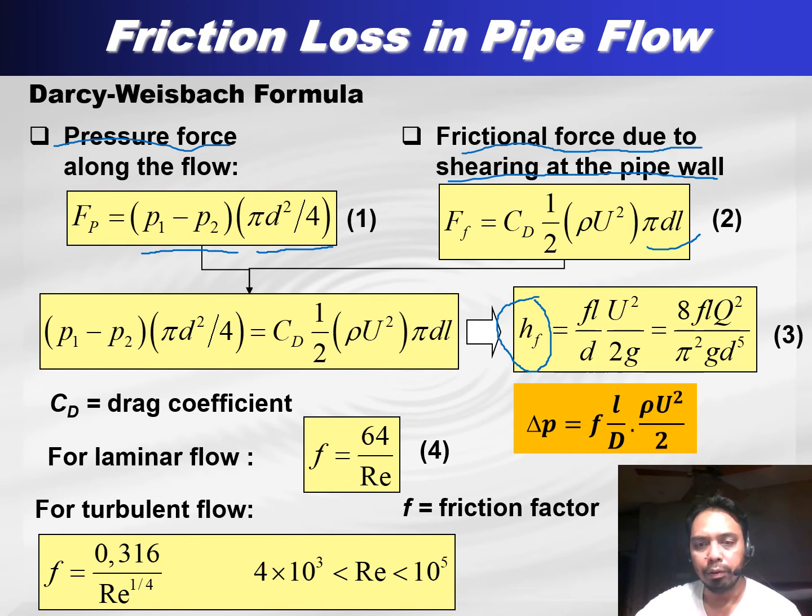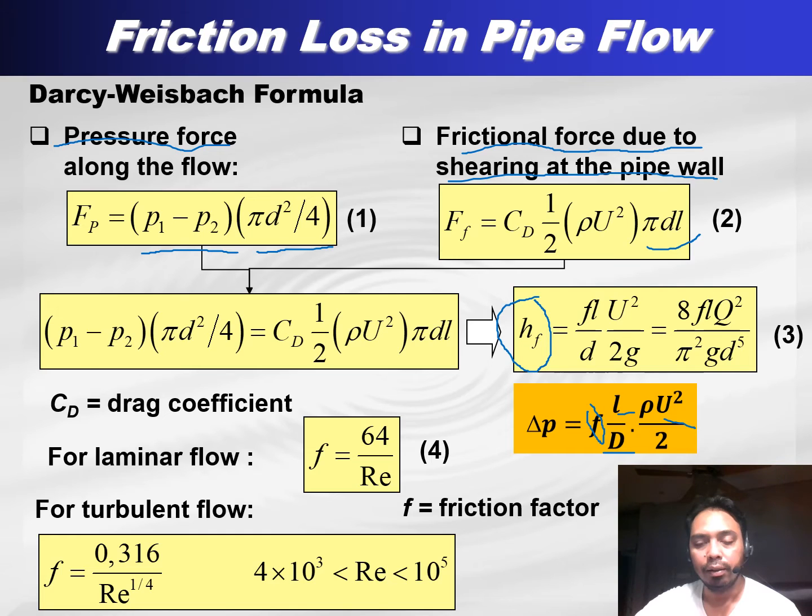So you can see the pressure drop is a function of a friction characteristic F, the length of the pipe L, the density and the velocity square of the fluid, and then inversely proportional to the diameter of the pipe. So the smaller the diameter, the bigger the pressure drop. The longer the pipe, the bigger the pressure drop.